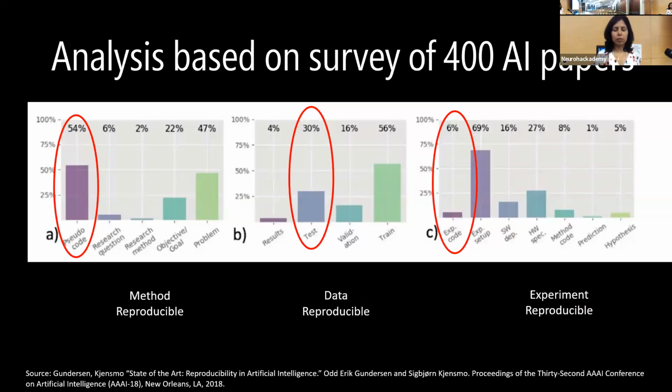Here's another one, which is a bit more technical for the ones who are interested. The paper that this is from is listed on the slide. This paper was published, I think, in AAAI about 5 years ago. It was an analysis based on a survey of 400 AI papers.